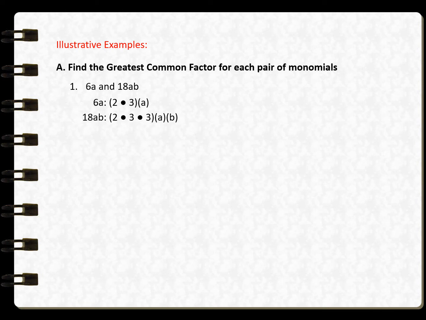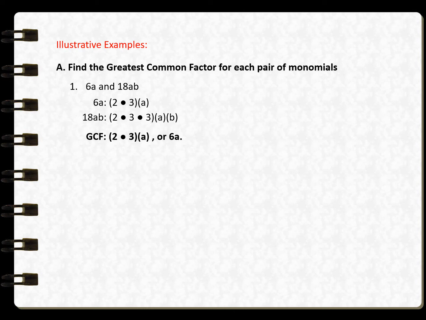So 2 times 3 is 6 times 3 is 18, and then a and b. So ano ang GCF? GCF is 2 times 3 times a or 6 times a. That is our GCF. Ang GCF po ay kung ano yung magkaparehas sa kanila.